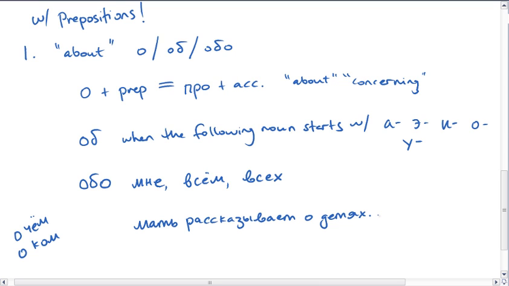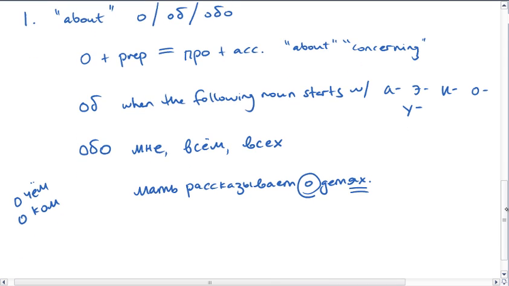So мать рассказывает о детях. So she's talking about the kids. So about, and дети is in the prepositional plural, right? That ях ending. So that's о ком, о детях.